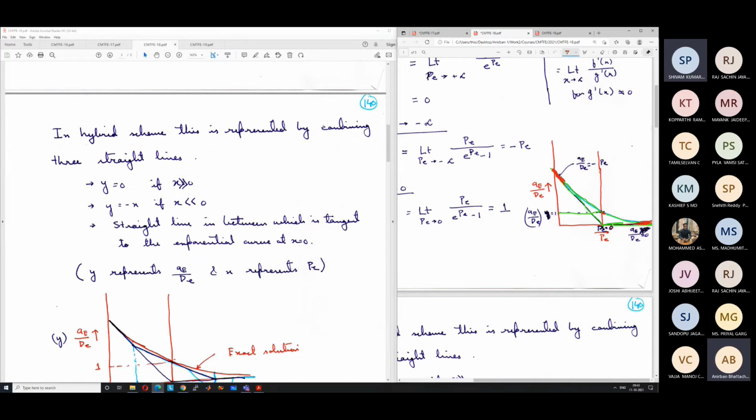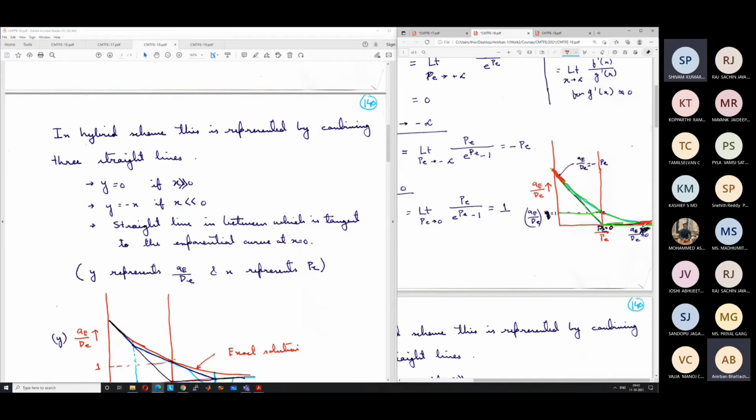This method is known as the hybrid scheme. This method of fitting lines to represent the curve A by D, basically, we are trying to find the variation of A with Peclet number without using exponential, and this is done in the hybrid scheme using 3 straight lines. What are the 3 straight lines?